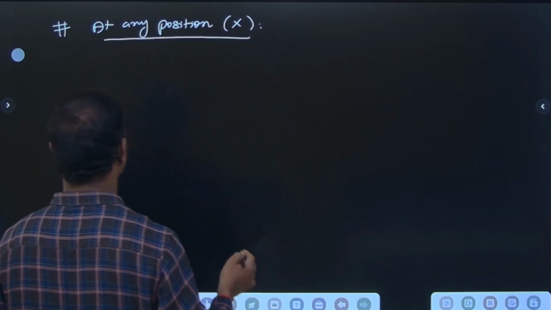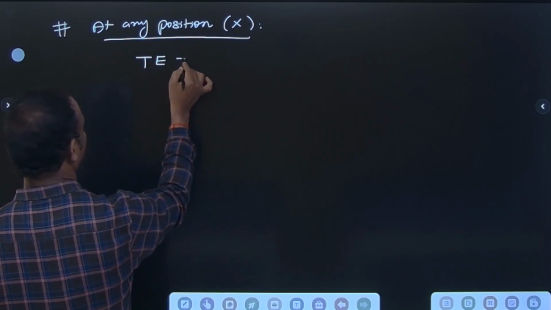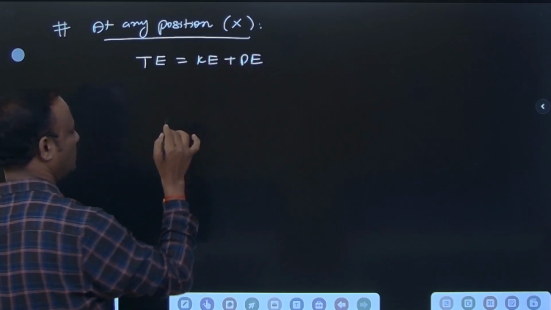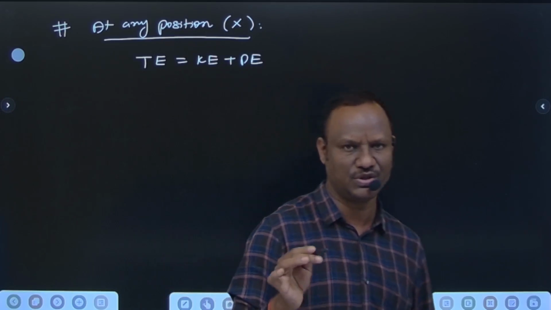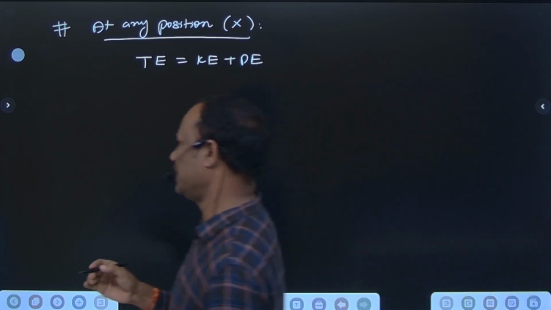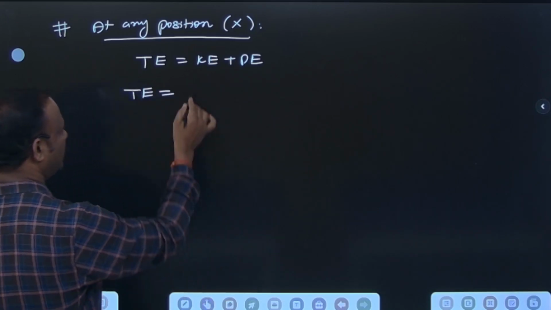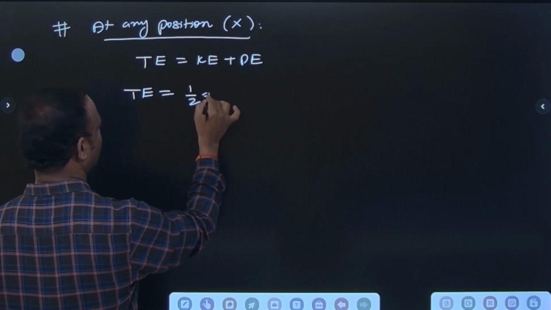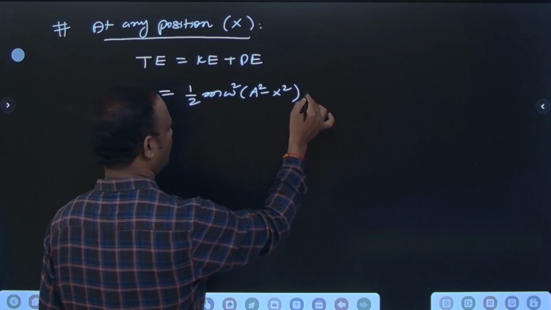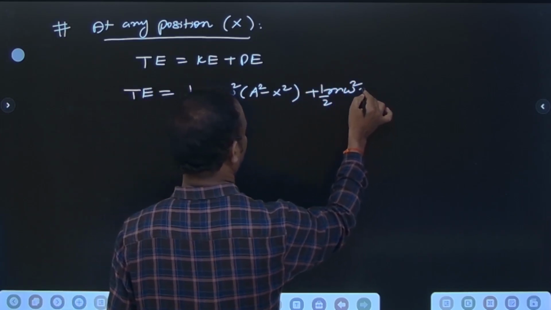Now at any position, what is the total energy? Total mechanical energy is equal to kinetic energy plus potential energy. Kinetic energy is half m omega square times (a square minus x square), plus potential energy, half m omega square x square.